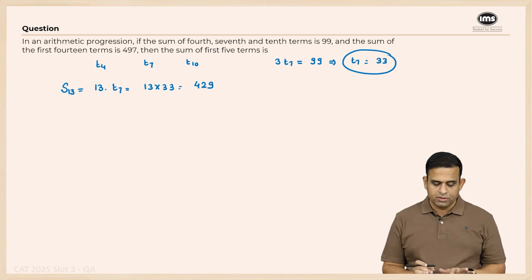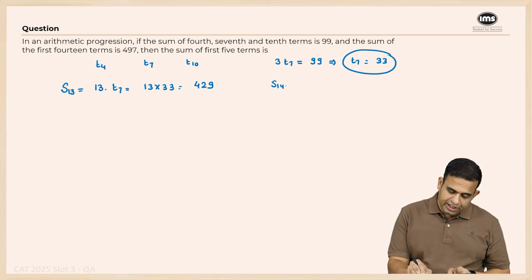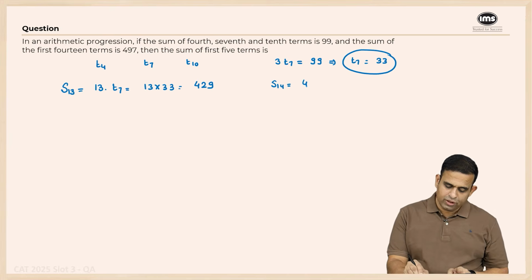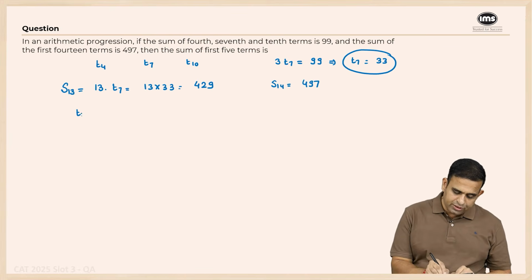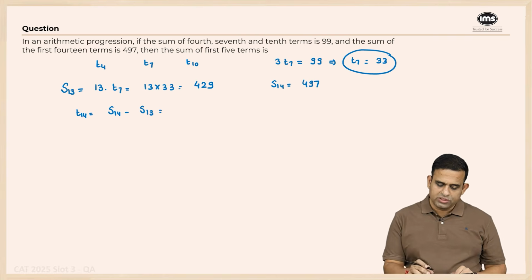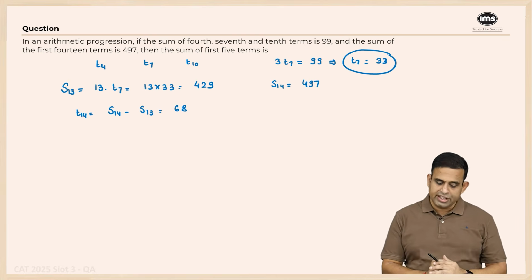Now since we know the sum of 13 terms is 429, we also know the sum of the first 14 terms is 497. So we can easily find your 14th term, which is the sum of the first 14 terms minus the sum of the first 13 terms. If you do the subtraction, the result will come out to be 68. So the 14th term comes out to be 68.